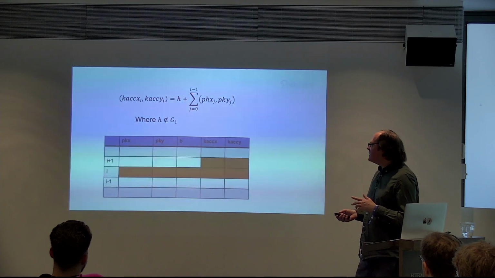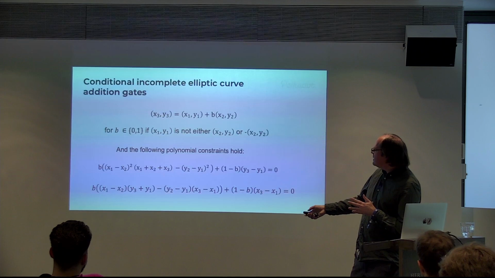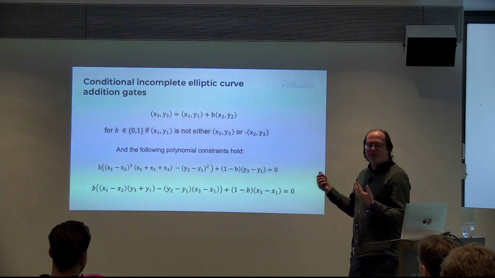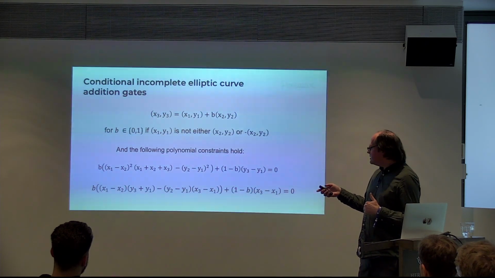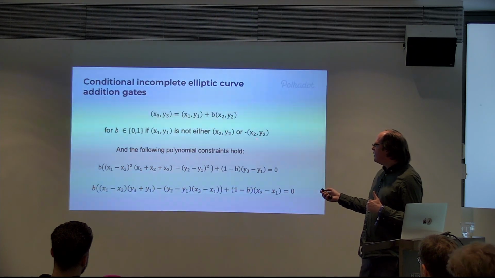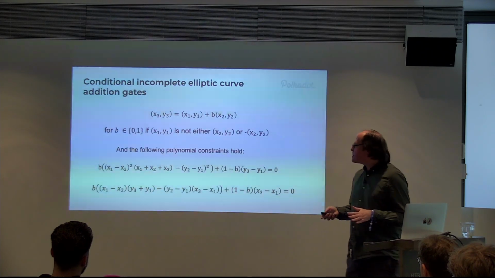So if we had such a gate, how would we compute the problem? Well, there's this minor incompleteness issue. If we want the simple formula, short Weierstrass form incomplete elliptic curve addition, we have to make sure that we never add something to itself or its opposite, not least because we can't express 0 in affine coordinates.